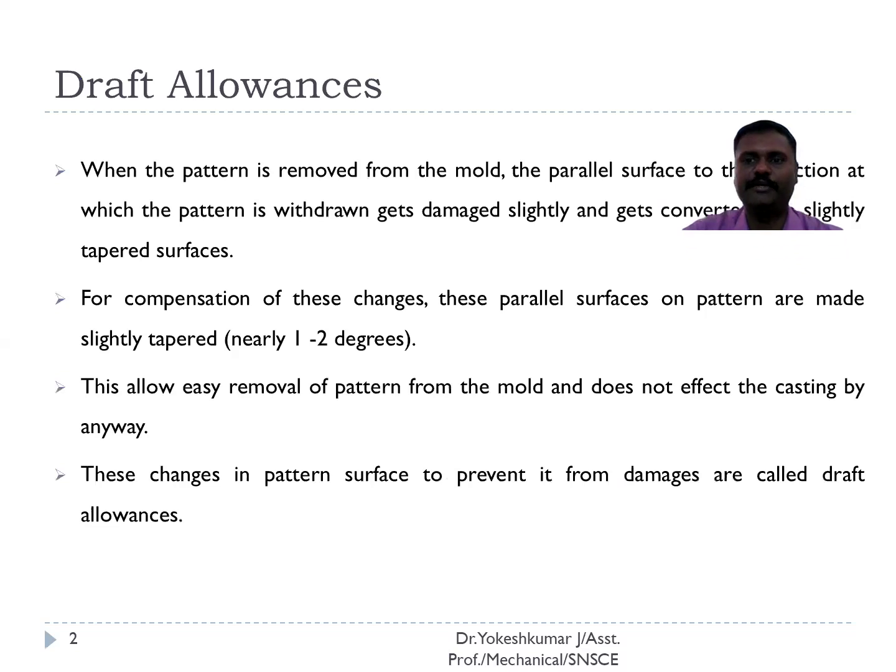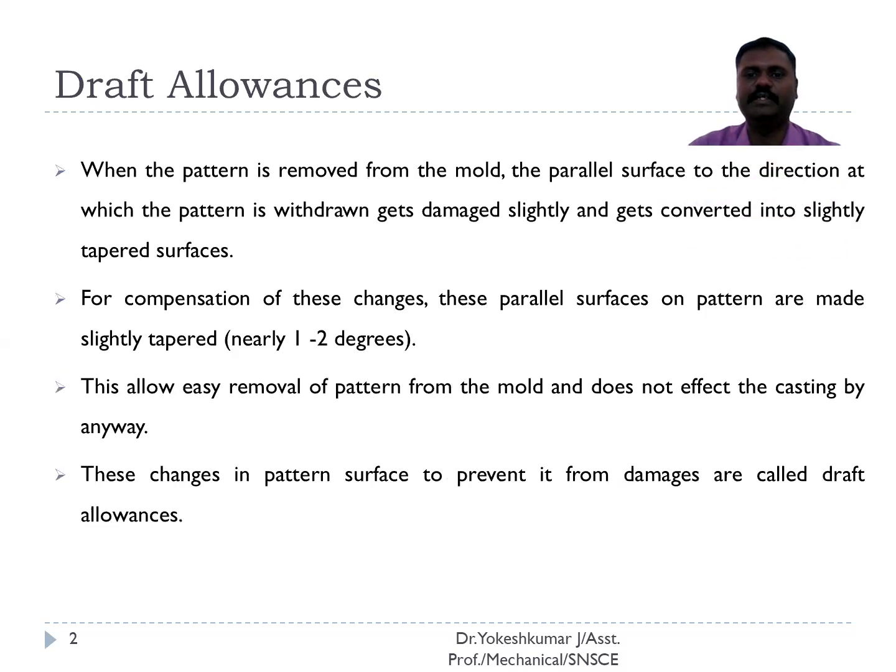Draft allowance. So what do you mean by draft? Draft is related to an angle. In fact, any object has vertical surfaces. If the vertical surface is very lengthy or very deep, we have to make a mold for it. After making the mold, we have to remove the pattern from the mold.